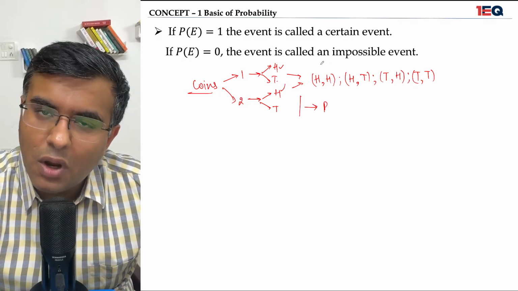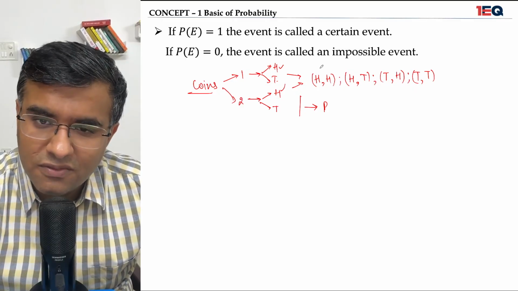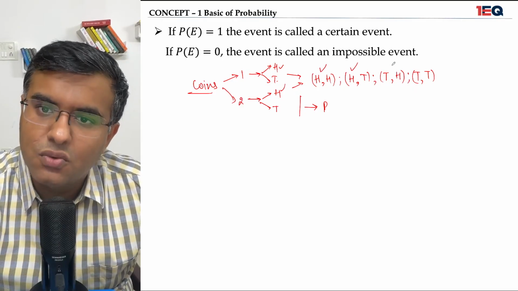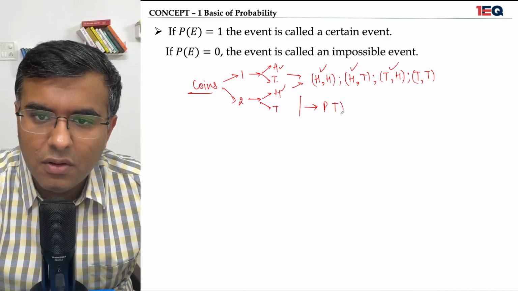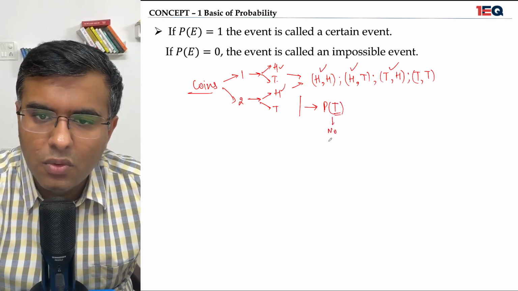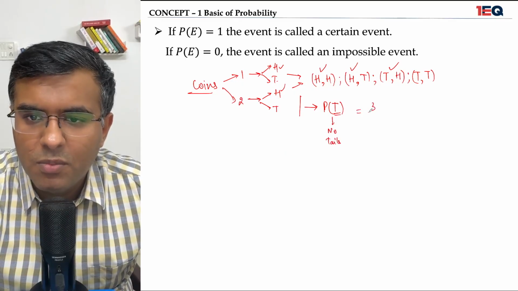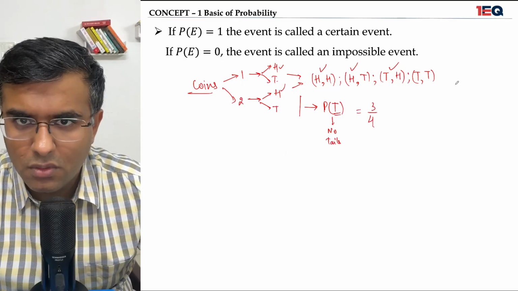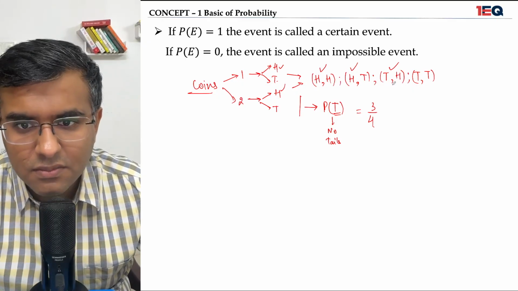Then I will have to count all heads or at least one head coming into the picture. So for that, there is 1, there is 2, there is 3. The probability of no tails coming into the picture would be 3 upon 4.